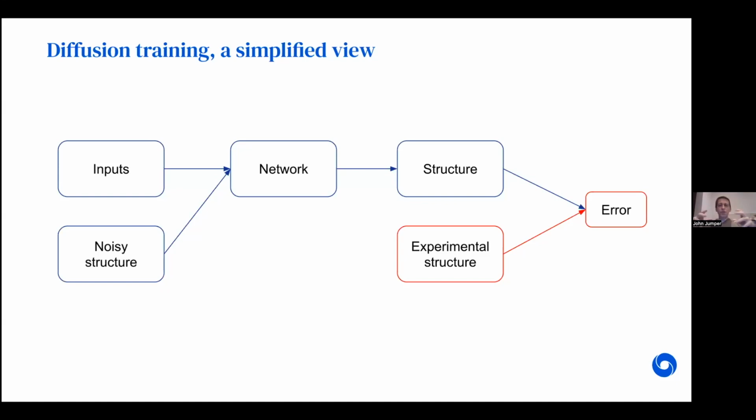Depending on how much noise, this is a lot like templates in a sense. Templates contain a related structure, but not exactly the same one. And so, for example, if you provide AlphaFold with a really strong template, then you would expect the network to listen to it a lot, that it almost doesn't have to look at the other inputs, it's just fixing up the details of that template.